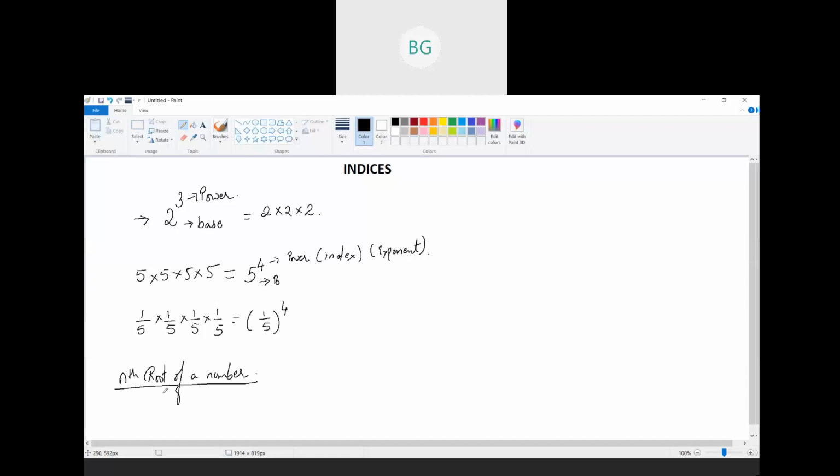For example, say I have the square root of 2. This root 2 can also be written in exponent form. Whenever roots are there, we always use fractions. So this can be written as 2 with the power 1 by 2. So the power will be in fraction form.